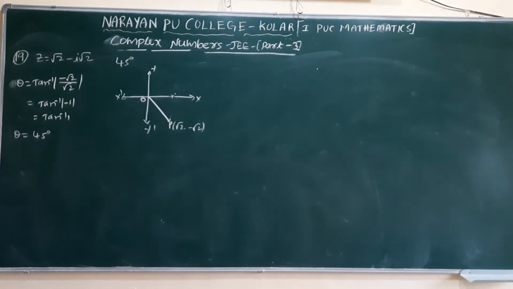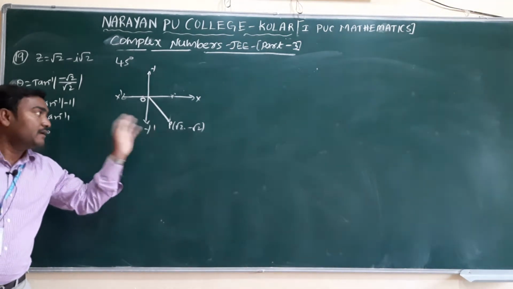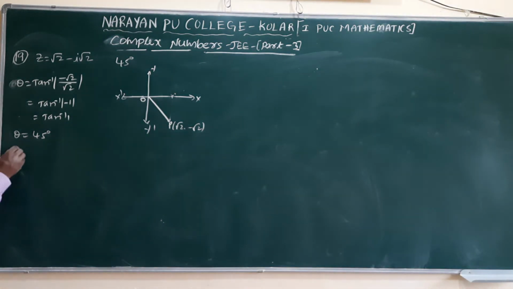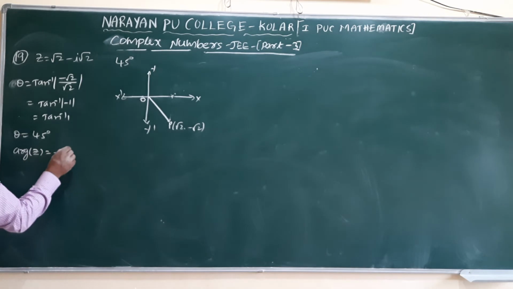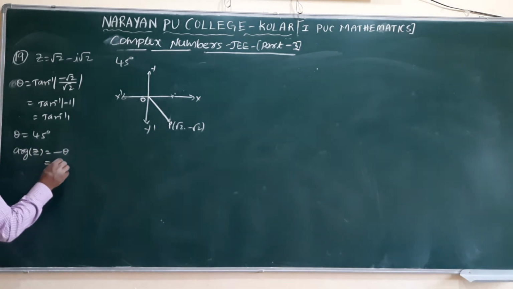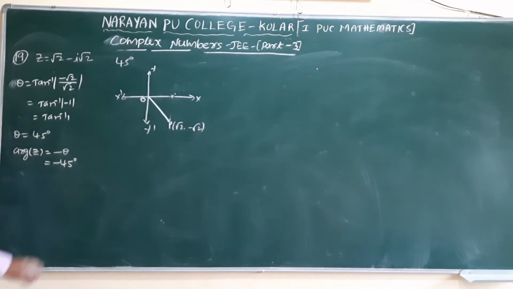But the point lies in the fourth quadrant, so the argument of z is equal to minus theta, minus 45 degrees.